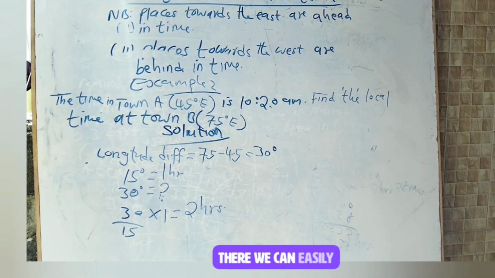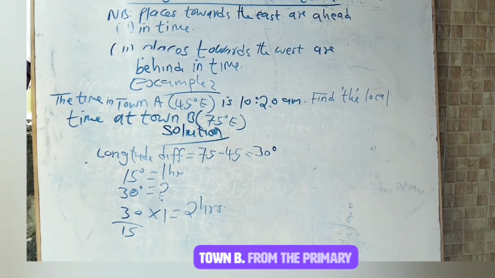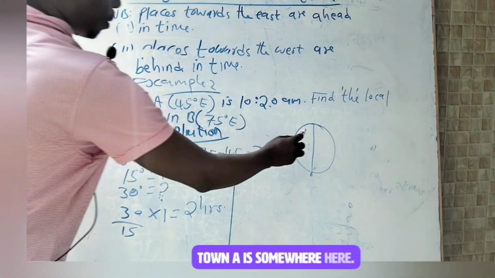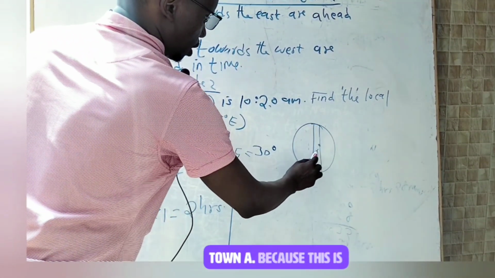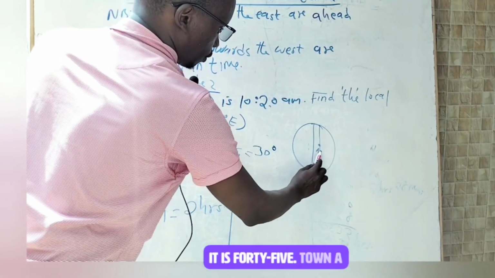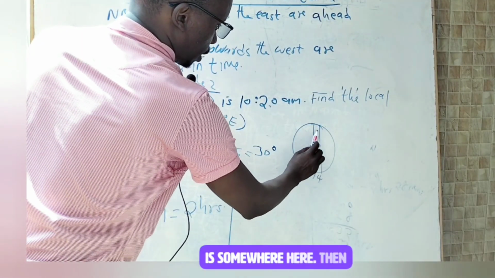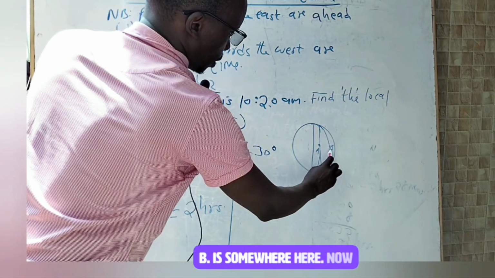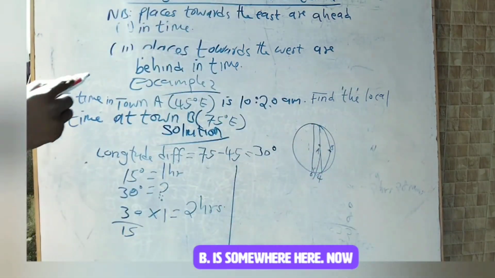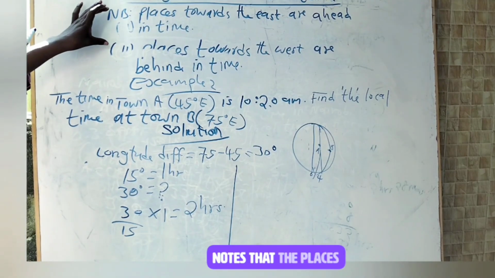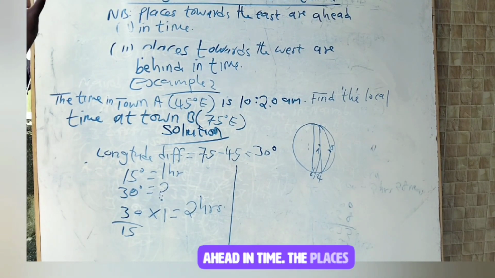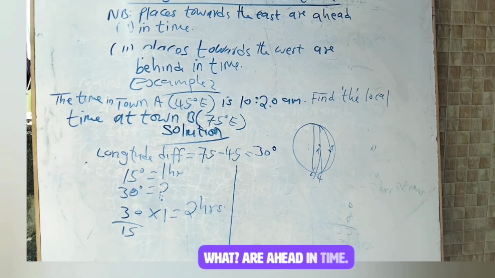From there, we can easily calculate the time in town B. From the prime meridian, we start with 0. Town A is somewhere here, because it is 45. Then town B is somewhere here. And we said from our notes that the places towards the east are ahead in time.